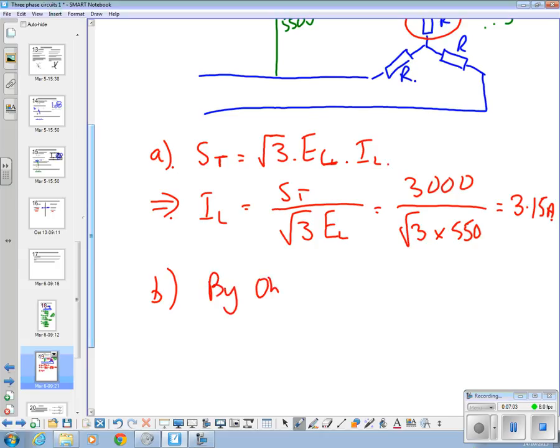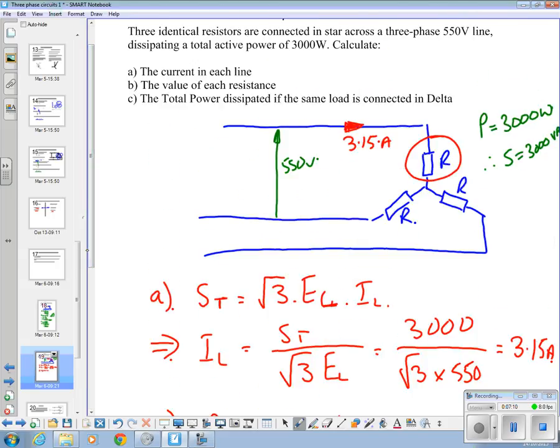By Ohm's law, which E do we need? This is EL, but that resistor's not seeing 550 volts, is it? It's only seeing that bit. That's the phase voltage.